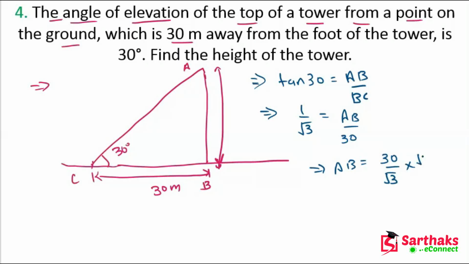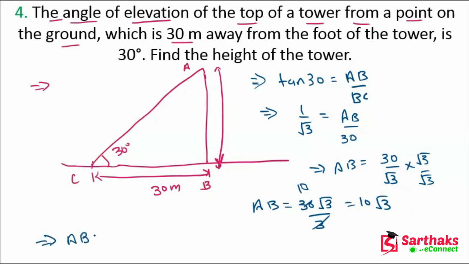Now we multiply root 3 in numerator and denominator both. So we get AB equals 30 root 3 divided by 3. So this will go to 10 times. So we have 10 root 3. So the value of AB is 10 root 3 meter.